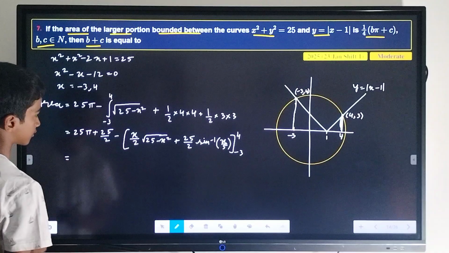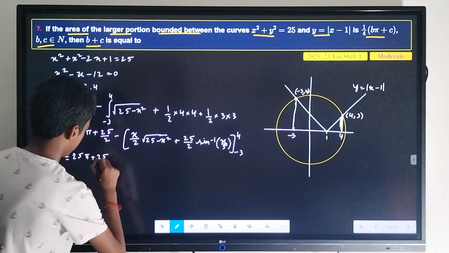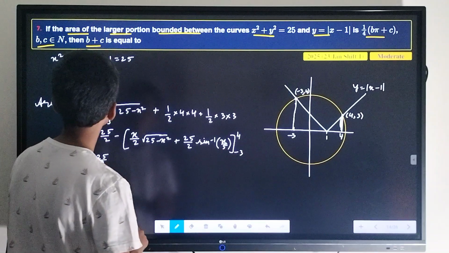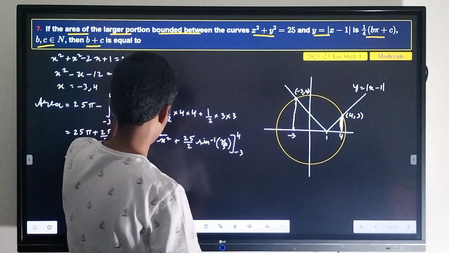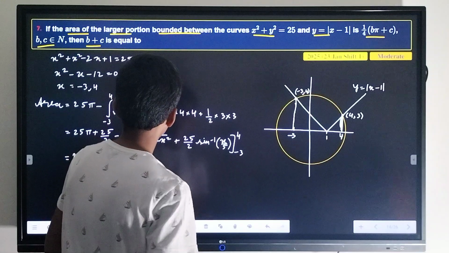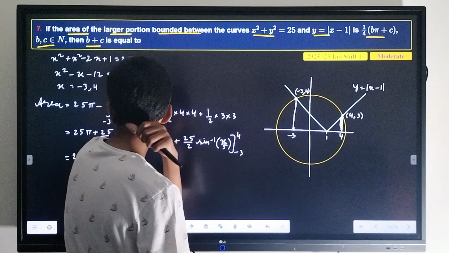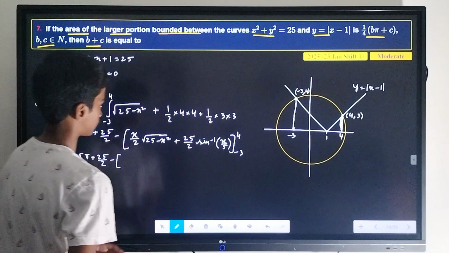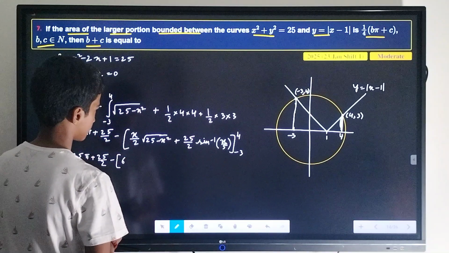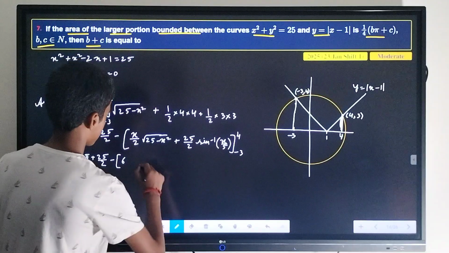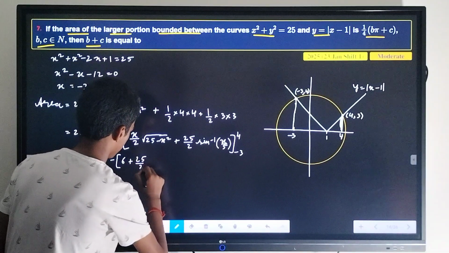So this is equal to 25 pi plus 25 by 2 minus, when we put 4, we will get 25 minus 16, 9, 2 times 3, 6. Plus, here we will take 25 upon 2 common.